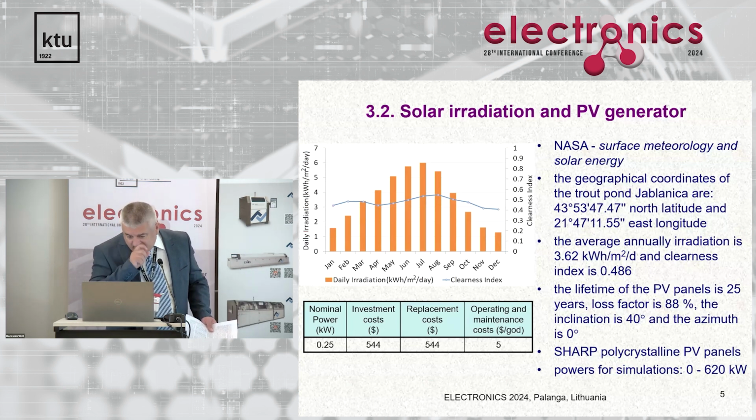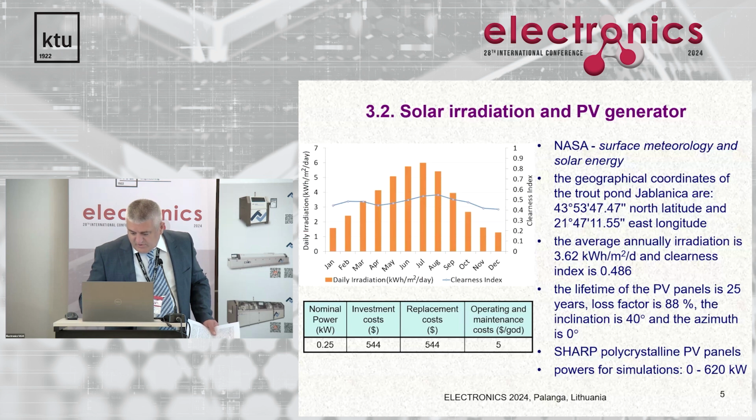One of the diagrams is shown on this slide, and you can see some parameters related to geographical coordinates of this existing fish pond, and some details related to the system shown previously on the schematic of this fish pond.